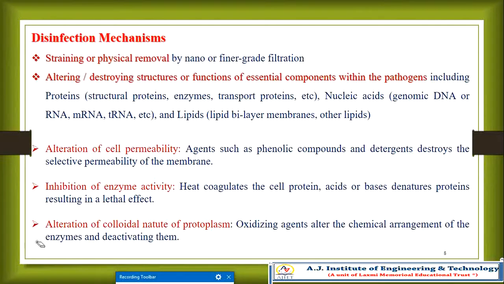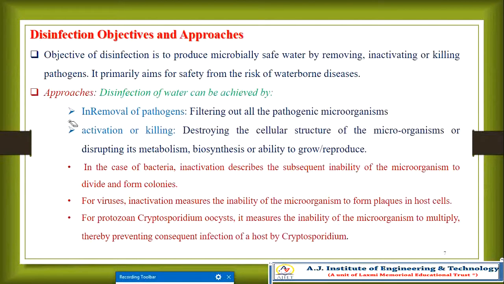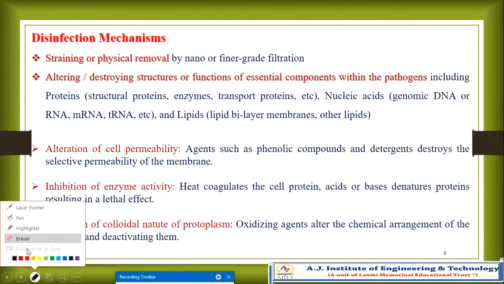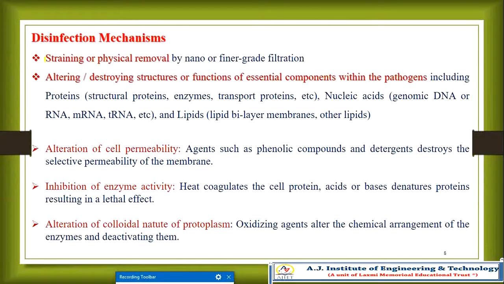If we concentrate on mechanism, straining or physical removal is nothing but, as I told, filtration. Straining and physical removal, that is your filtration.